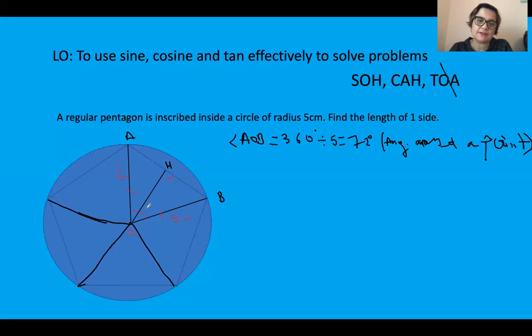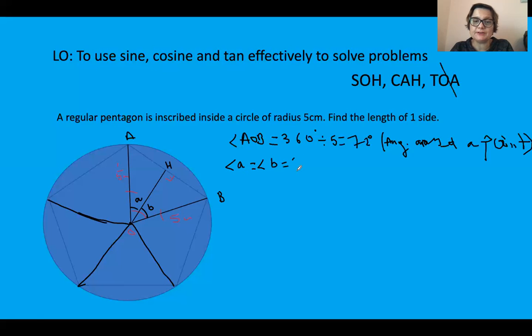I'm going to label the little ones here. This angle here is equal to this angle here. I'm going to label them as angle A lowercase, and angle B lowercase.